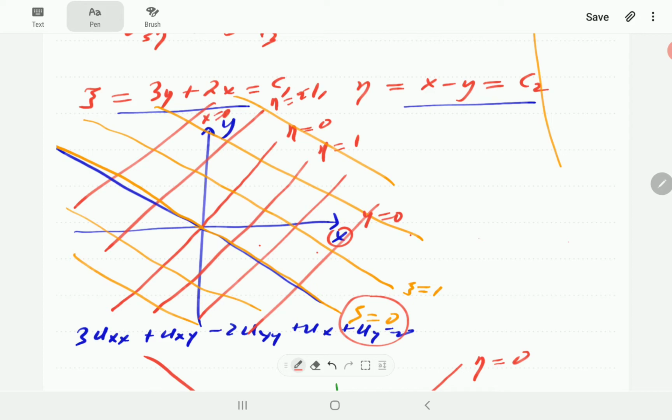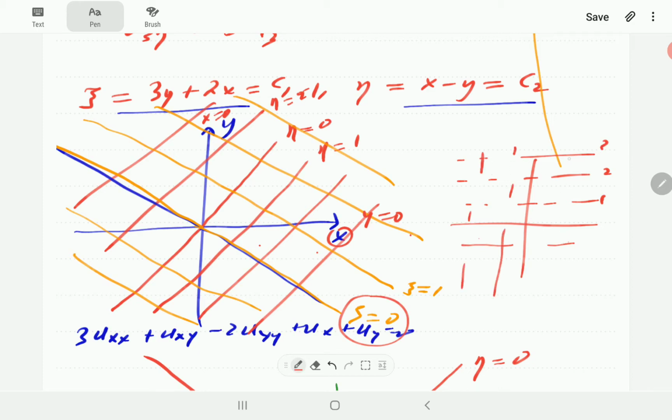Then you get a sequence of lines, say y equals 1 here, 2 here, 3, and then x equals -1, -2, and from this you get these rectangular boxes or rectangular systems.